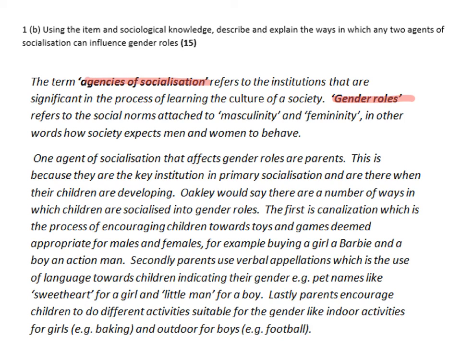And you should be able to see as you read through this very good use of terminology. So we've got reference to things like primary socialisation, we've got this concept of canalisation, we've got reference to verbal appellations, and we've got really good examples that are used to demonstrate understanding of these key ideas.